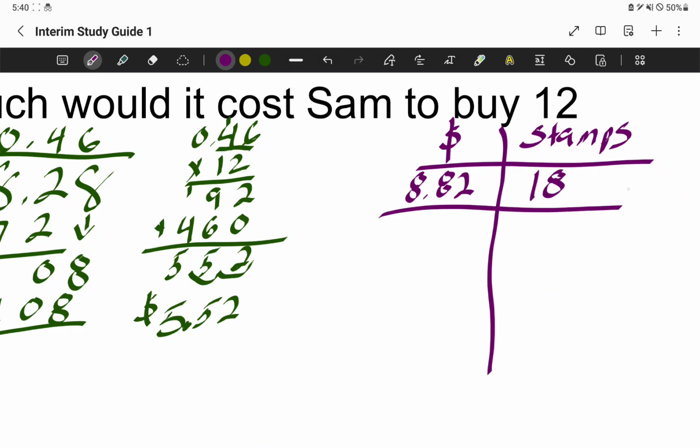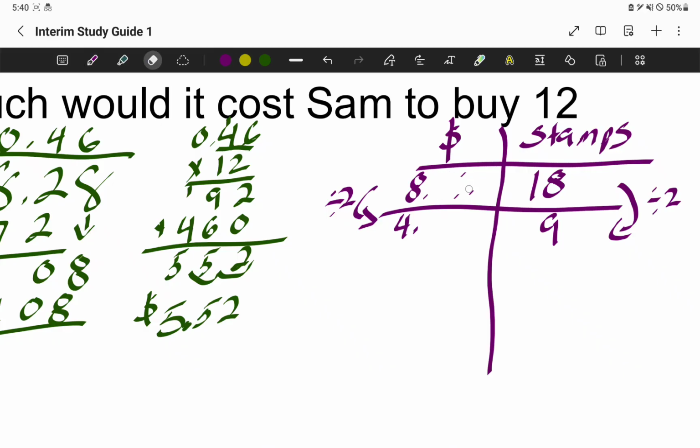Well, divide by 2. Well, 18 divided by 2 is 9. 882 divided by 2. Well, 8 divided by 2 is 4. 828. I apologize.